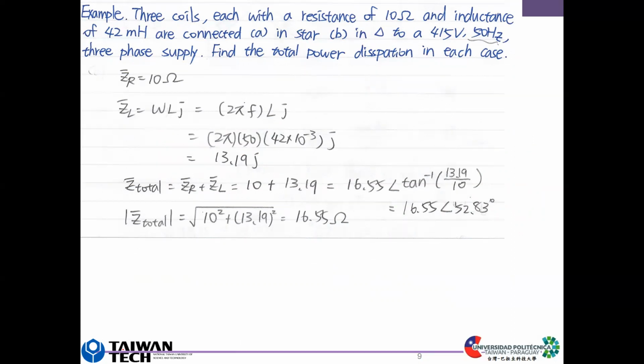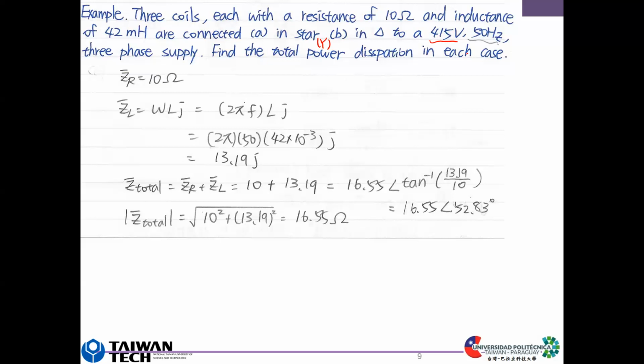It says there are 3 coils, each with a resistance of 10 ohm and inductance of 42 millihenry, connected (a) in star or Y configuration, (b) in delta configuration, to a 415 volt, 50 hertz, 3-phase supply. Find the total power dissipation in each case.